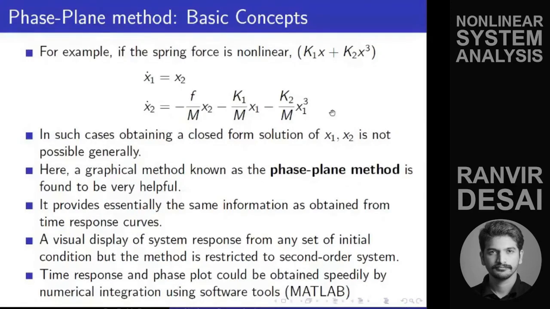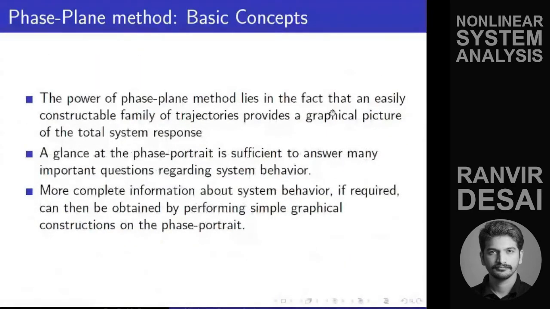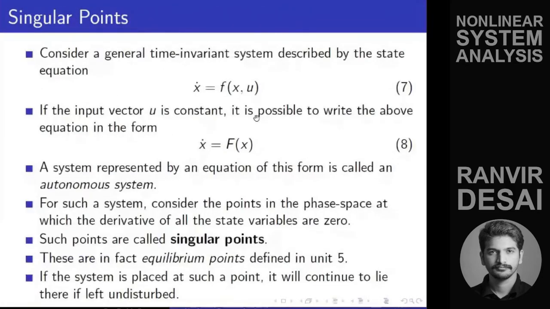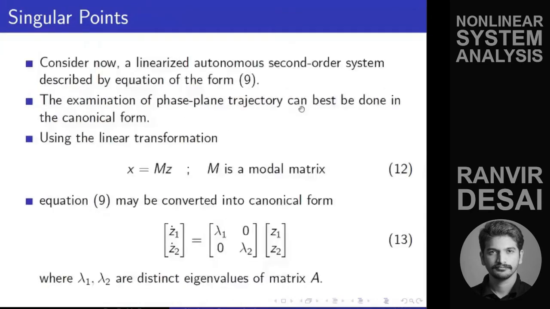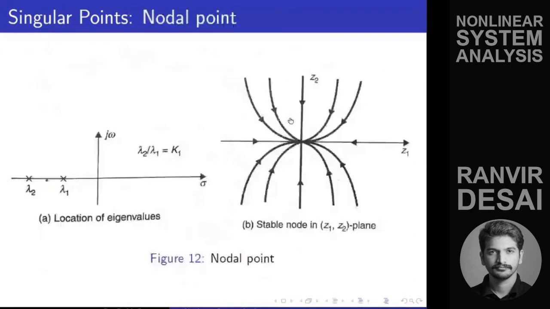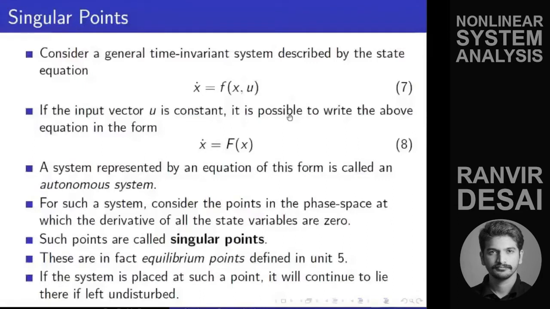Okay, so we'll move ahead to the next part, that is singular points. There are a few more definitions that we'll see. First definition, singular point. Consider a nonlinear system. Generally when we describe a system, we take x dot is equal to Ax plus Bu.